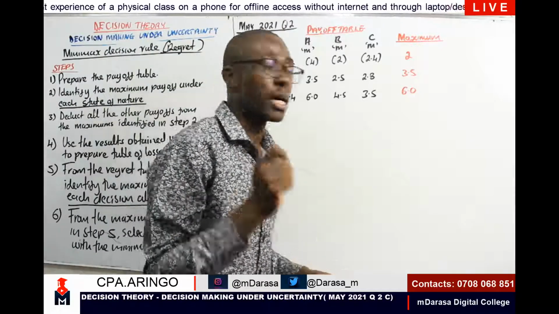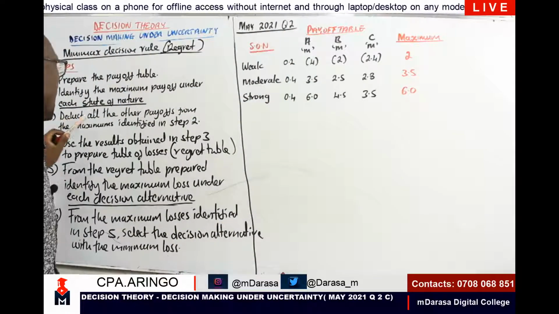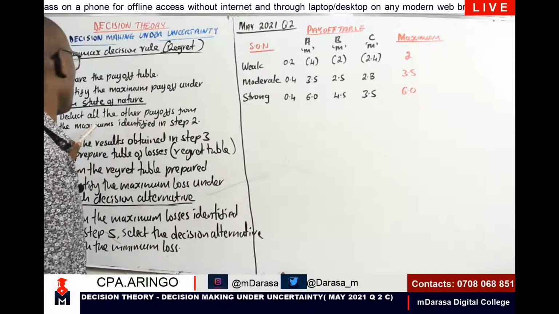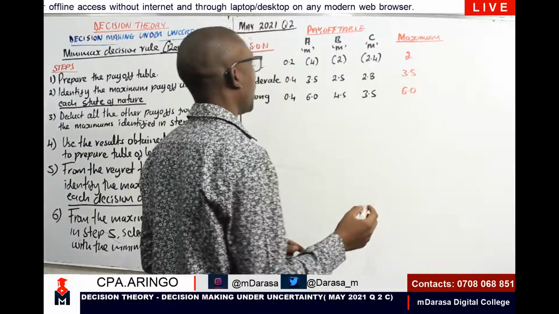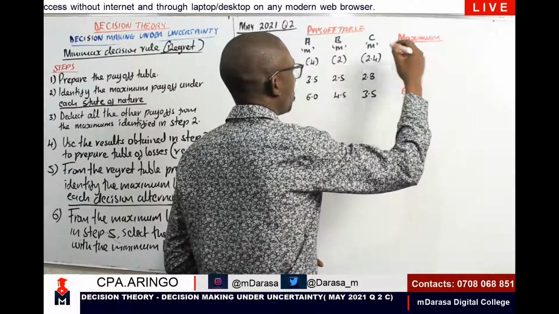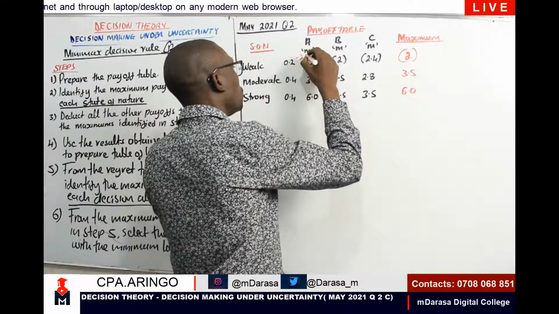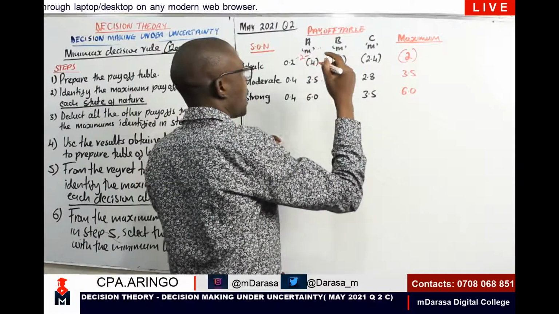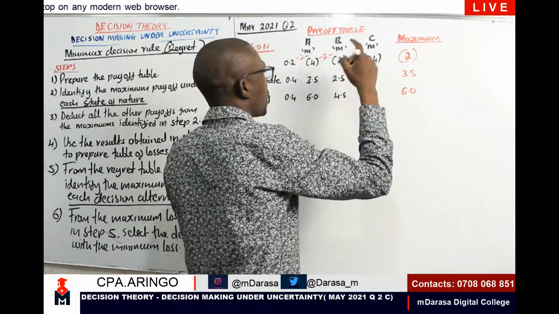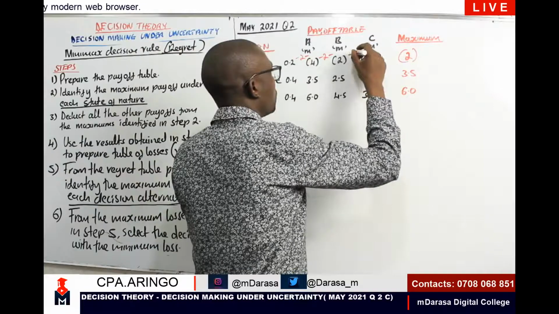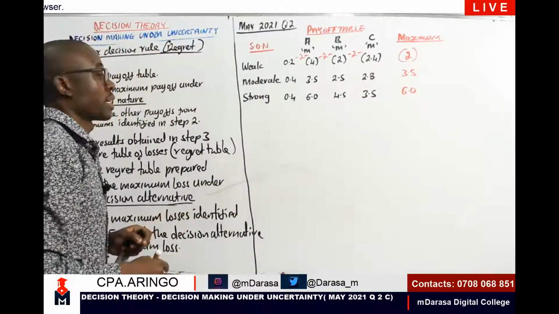Next, step number 3: deduct all the other payoffs from the maximums identified in step 2. Remember, this was negative, so we are going to take -2 minus the figure that you have there, because that is our maximum.